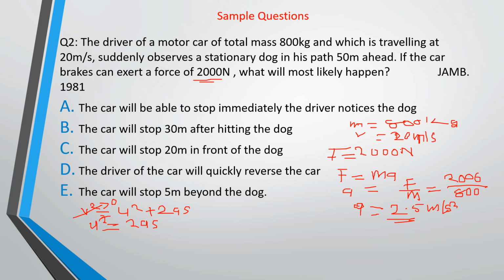Note that we are looking for s. So if you make s the subject, s will be equal to u squared all over 2a. If you input your values here, u is 20, a is 2.5. So u squared will be 20 times 20, all over 2 times the acceleration.